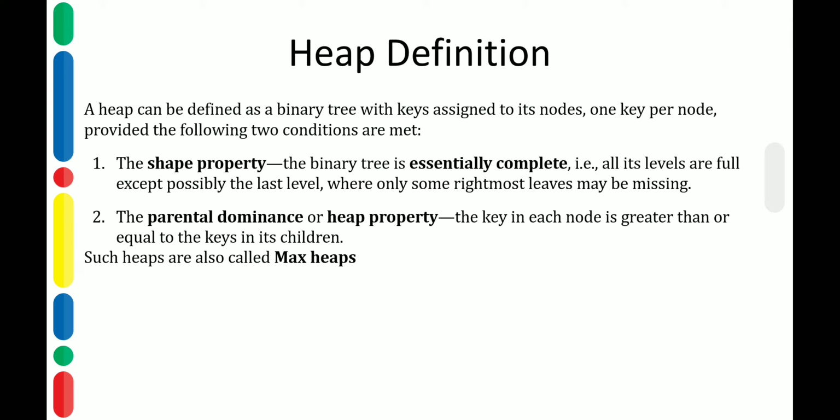So what do we mean by parental dominance? In parental dominance, every key is greater than or equal to the keys stored in its children. If this property is satisfied, such heaps are called max heaps.